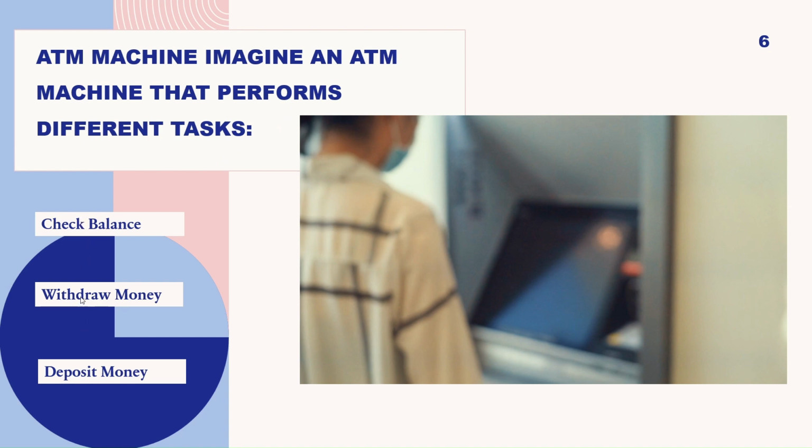So you just click on withdraw money, and then you have to enter how much money you want. You have to type it here. There are also some instructions: you have to type only 200, 500, 100. You can't write something like 50 rupees or 10 rupees, because of those instructions.